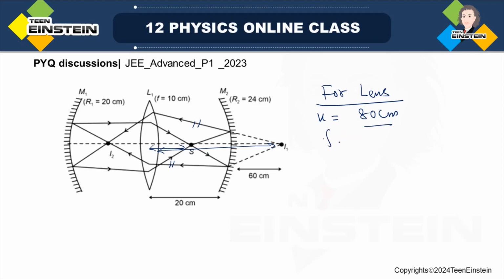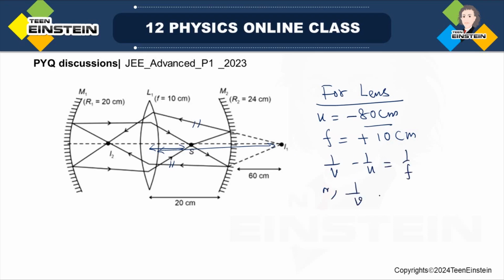So the focal length is 10 centimeter, I can take this as negative, or the other way also you can take this as minus and this focal length to be positive, whatever way you take. This is 10 centimeter. Okay, alright, now see, 1 by V minus 1 by U is equal to 1 by F, right?